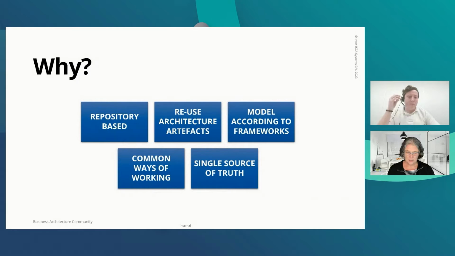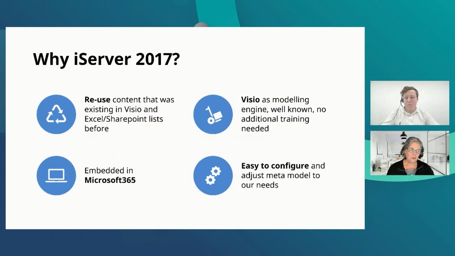So that was the situation we were in. And why did we choose iServer in 2017 at that point in time? We had some material that was already stored in Visio and Excel, SharePoint lists, and we could easily reuse those things, getting them into the repository.